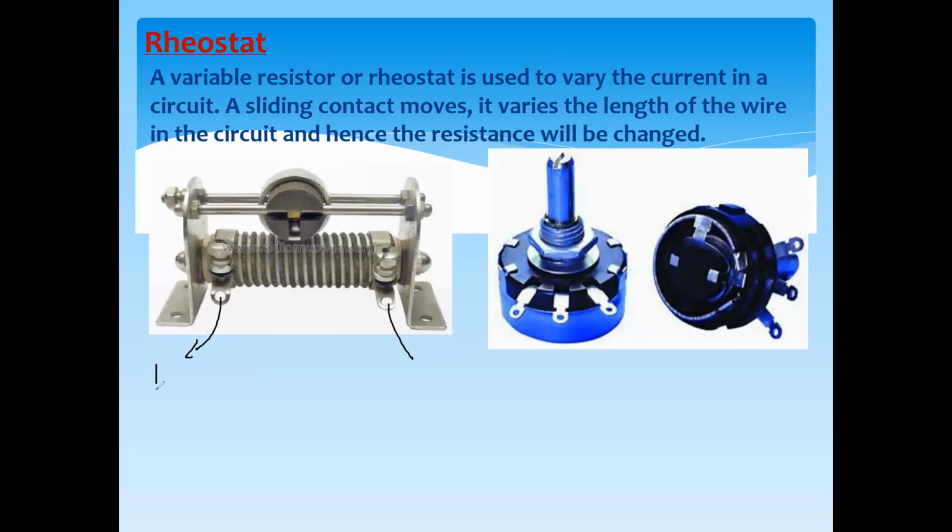Now if I connect the positive terminal and negative terminal, when the conventional current is moving, it will move through this wire and flow out. But if I change the movable part, the moment we change its position, it is placed closer to the other end.